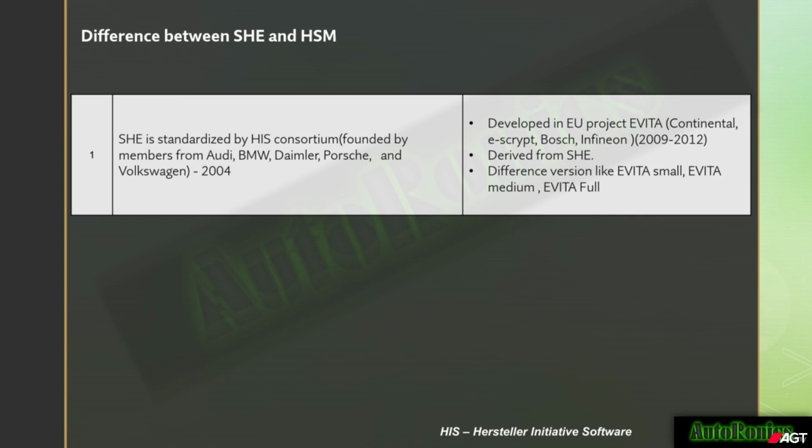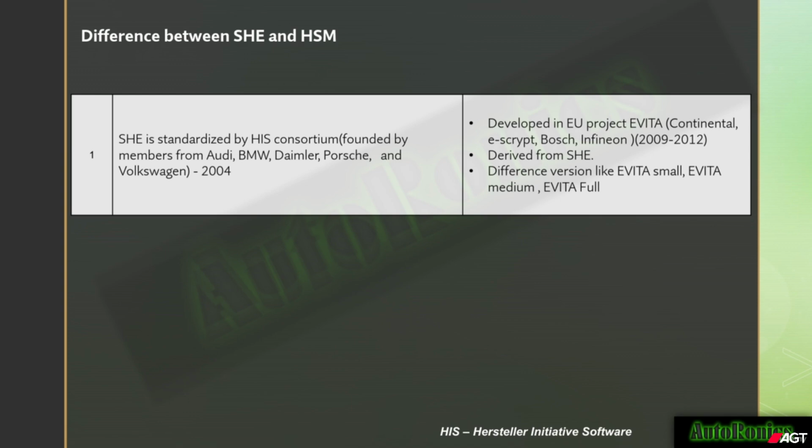Whereas HSM was developed by a group of OEMs, Tier 1s and semiconductor companies, with OEMs like BMW Group, Tier 1s like Conti, escrypt, Bosch, and semiconductor companies like Infineon.